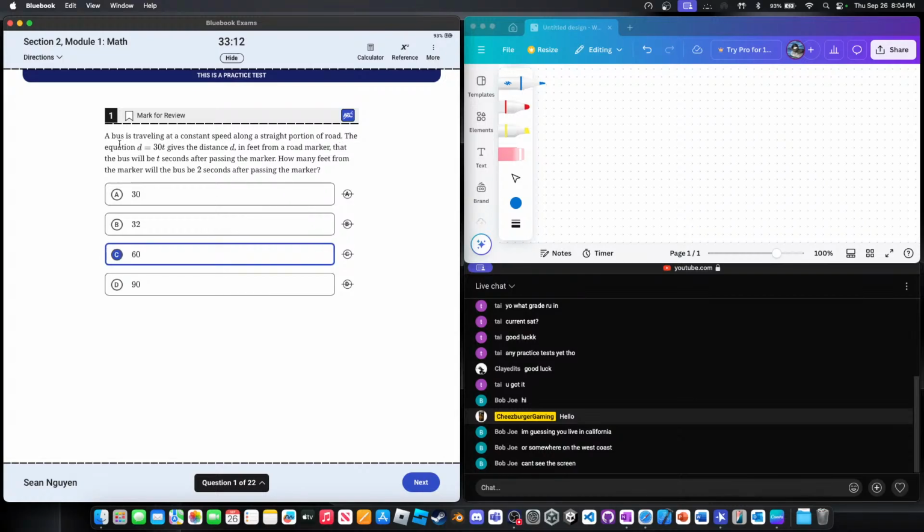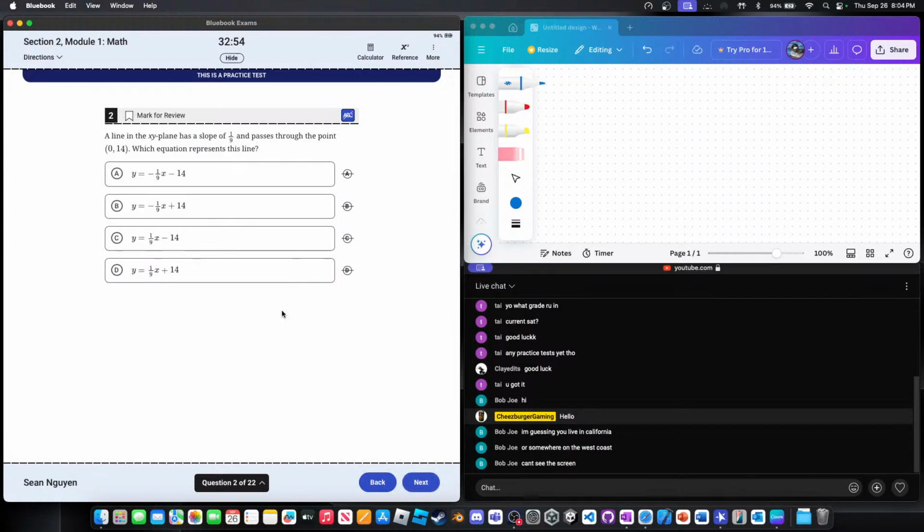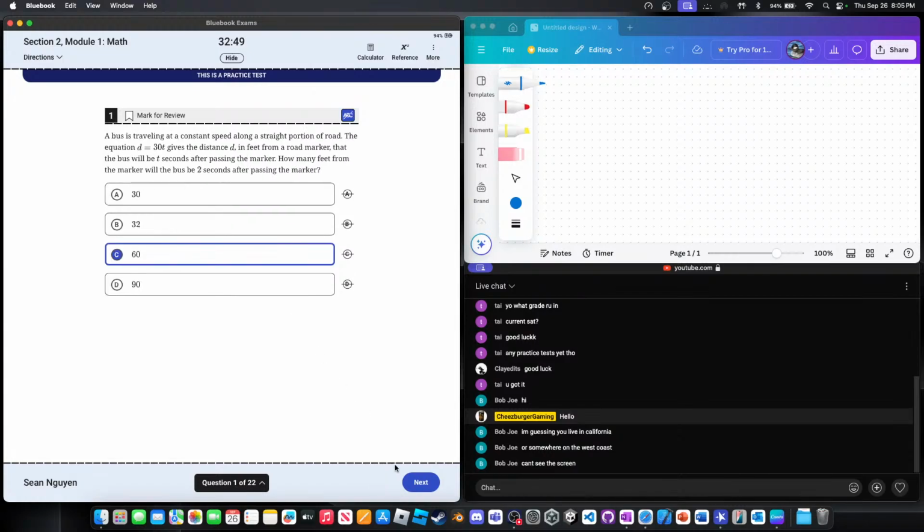So 30T gives D in feet from a road marker that the bus will be T seconds after passing the marker. Okay, so we just plug in 2. That's what I'm getting here. Right, let me double check if the multiplication is correct.